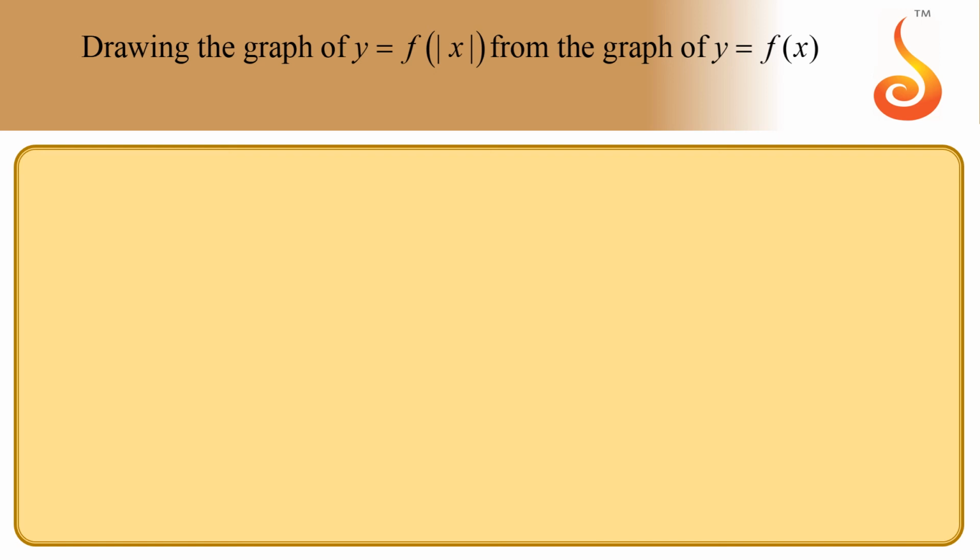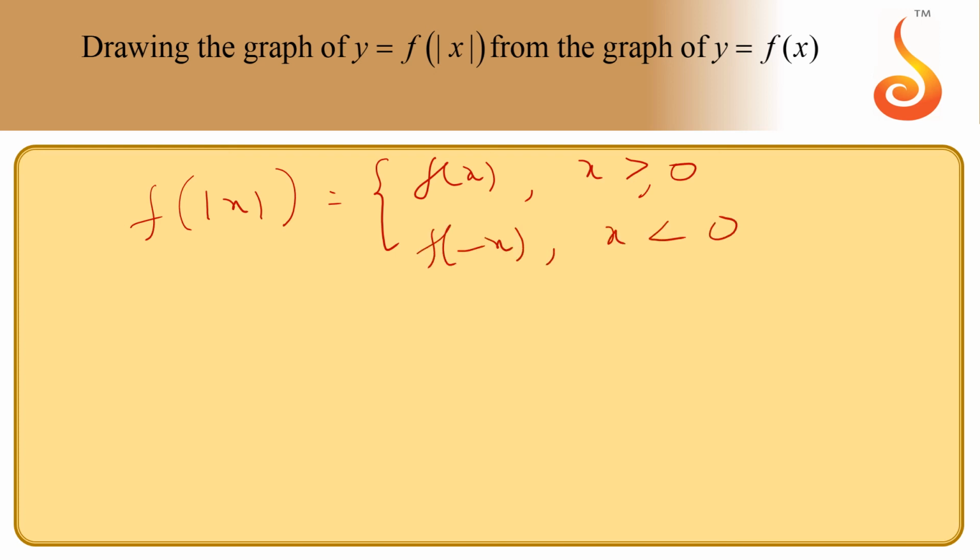Now suppose you know the graph of y equals f of x, how to draw the graph of y equals f of mod x? You know that f of mod x will be f of x if x is greater than or equal to 0, and f of minus x if x is less than 0.